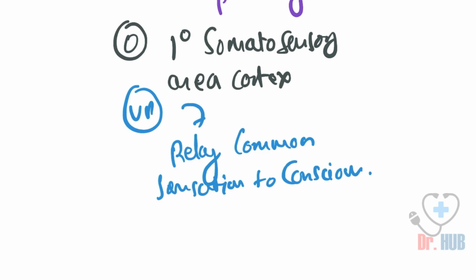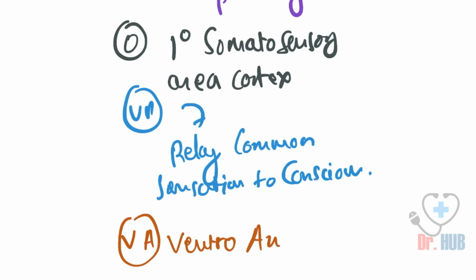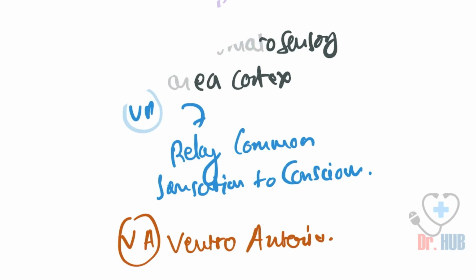So we had asked another question. The other question was, what is the ventroanterior, VA? Again, the ventroanterior has input and output, and we are going to look at the functions.